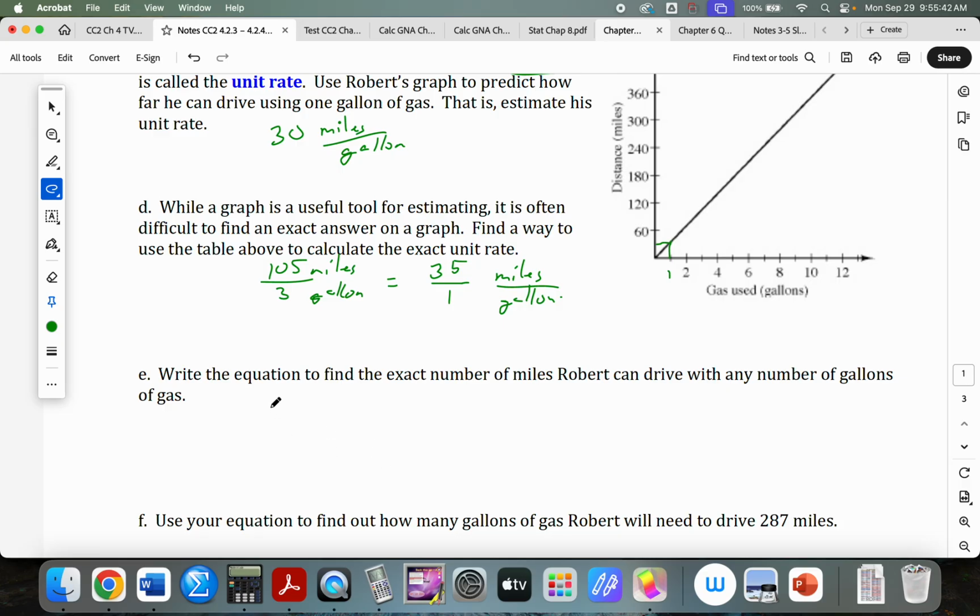So what I would do is M is equal to 35 G, where M is equal to the number of miles Robert can drive, and G is equal to the number of gallons of gas Robert has.